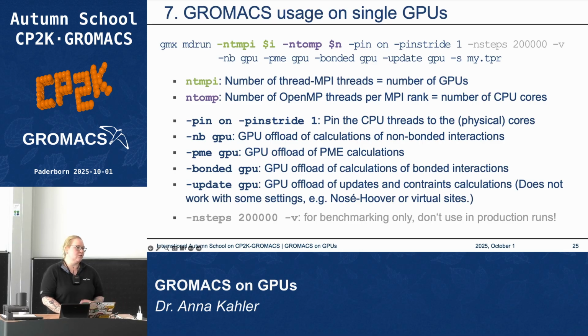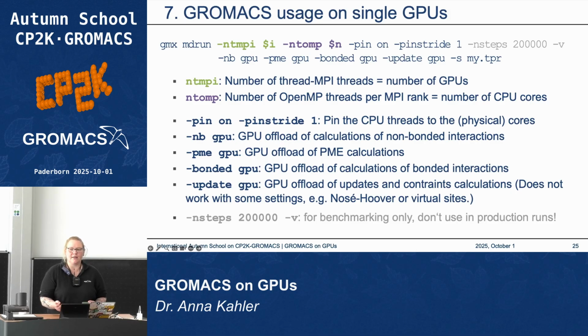If you want to, you can use fewer cores, but then the cores are just looking at your simulation and do nothing. Also, if you tell GROMACS to use more OpenMP threads, so more ntomp than are available as CPU cores, you're going to put more processes on one core, and that also decreases performance.